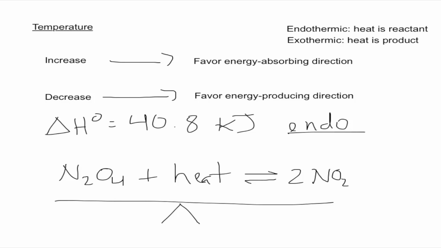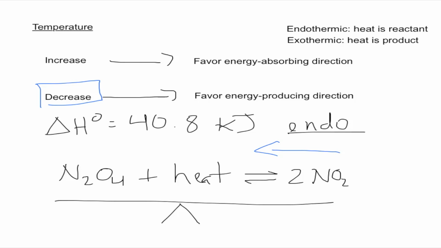So let's say that we want a decrease in temperature for this example. So we're going to favor the energy producing direction. The energy producing direction is going to be when the heat is part of the product. So you could see this reaction this way instead of from left to right. So right to left, you're going from 2NO2 to N2O4 plus heat.